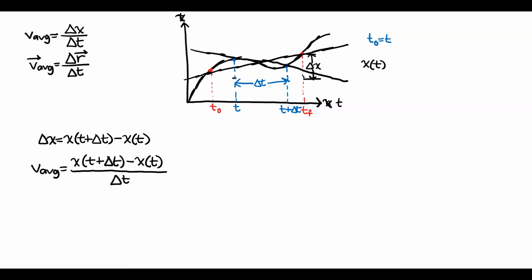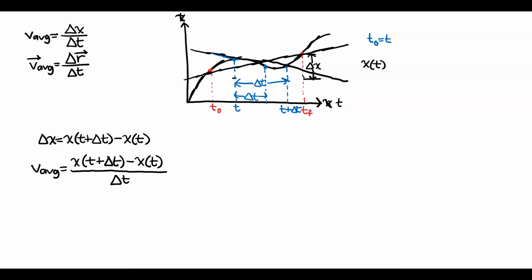Now, if you've taken calculus, this should look very familiar, but we'll go through the derivation again, just so we can appreciate how nicely this all fits together. Okay, so we have our delta t over here. Now, let's just move our point here. So we're changing our interval delta t, and so this is our new interval.